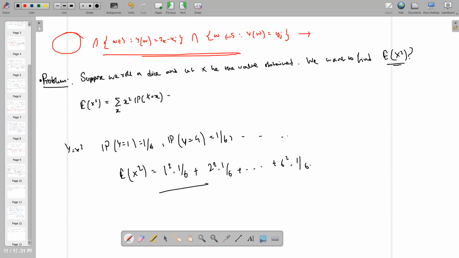So essentially this formula works. We feel like this works, right?